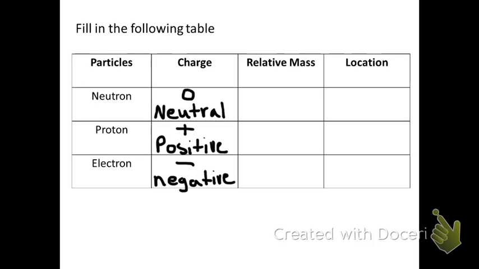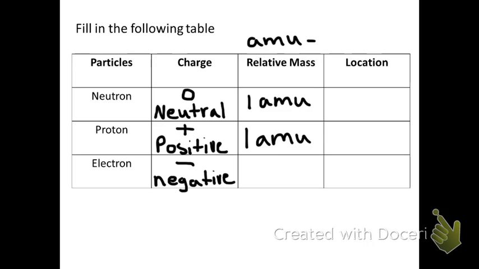Okay, the relative mass, basically we use a special unit called AMU. AMU stands for atomic mass unit. And so a neutron is 1 AMU, or 1 atomic mass unit. A proton is roughly the same size as a neutron, so it also has 1 AMU. Whereas an electron is much, much smaller than a proton.